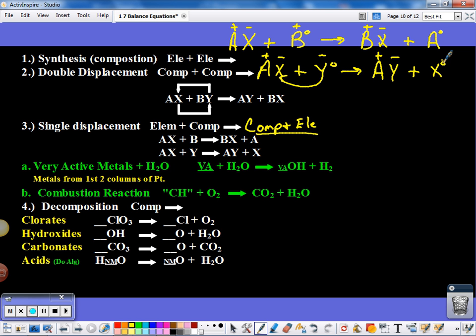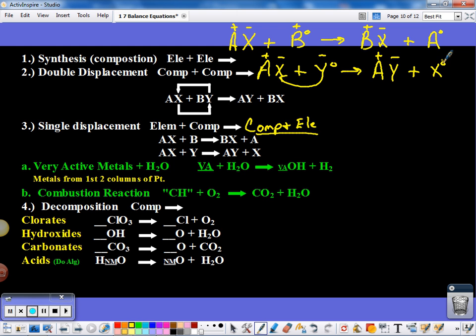You have two exceptions. One of the exceptions is very active metals with water. Now the very active metals are the ones in the first two columns. Now to help you remember and identify them, we're going to take out your pink sheet and write VA by those elements.